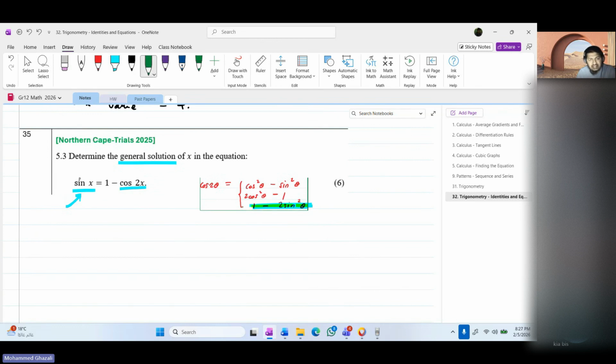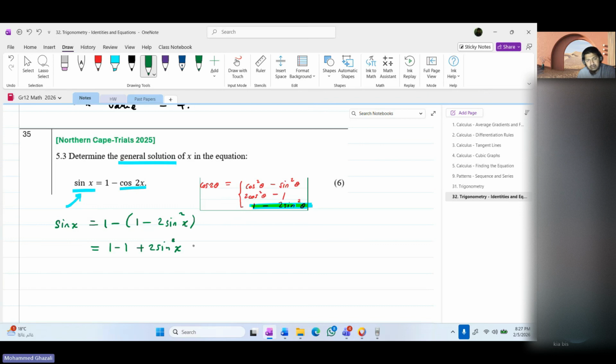So we're going to choose the last option, right? So we're going to say sin x is equal to 1 minus, what is cos 2x? 1 minus 2 sine squared x. 1 minus 1 cancels out. You're left with minus 2 sine squared x.